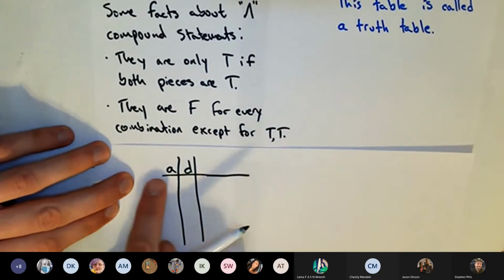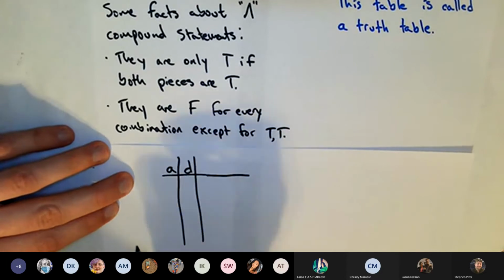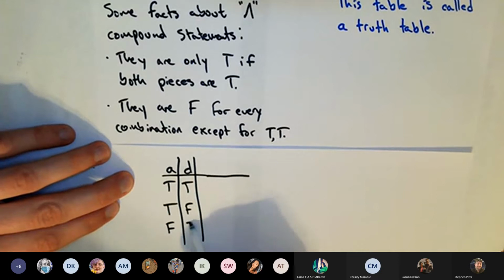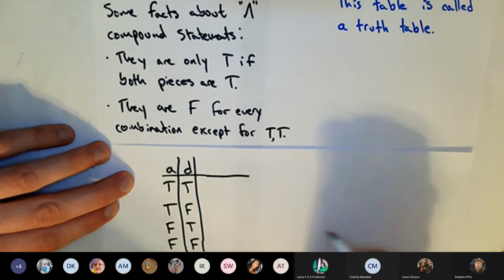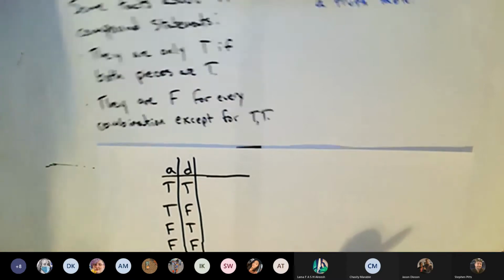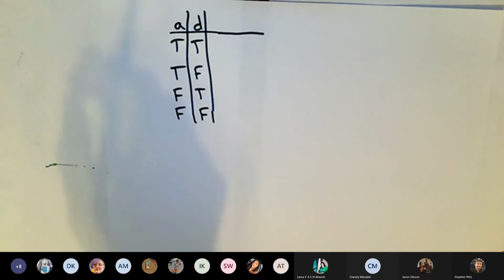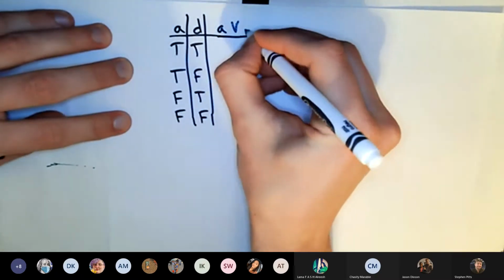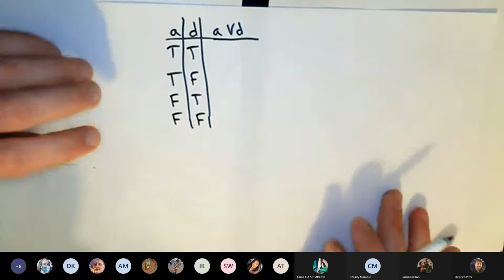Your table with two truth values like this will always start looking like this, these 4 rows. Okay. And now the next column is A or D.